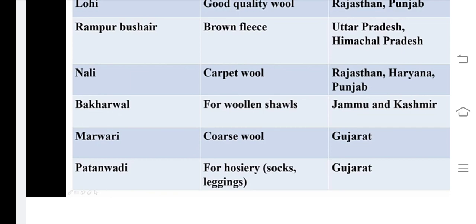So Marwari, not Marwadi, Marwari, coarse wool, rough wool. Where is it available, ma'am? In Gujarat. Next, Patanwadi for hosiery purpose. Hosiery purpose means socks, leggings. We are wearing leggings, no, children, so they are making leggings from Patanwadi. Clear? Gujarat. Please copy this to your classwork, dear.